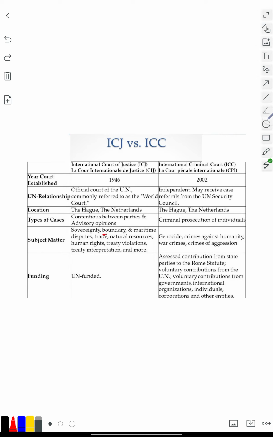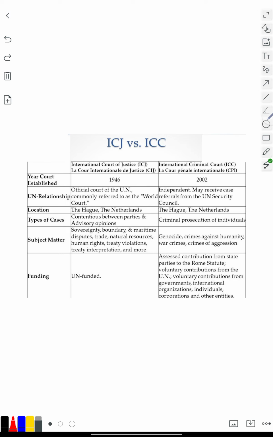Between any two countries, it deals with boundary disputes, natural resources between two countries, and maritime disputes. So majorly keep in mind, it deals with disputes which are political in nature.